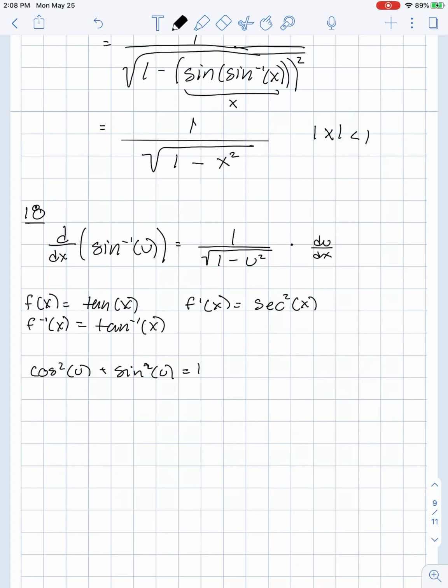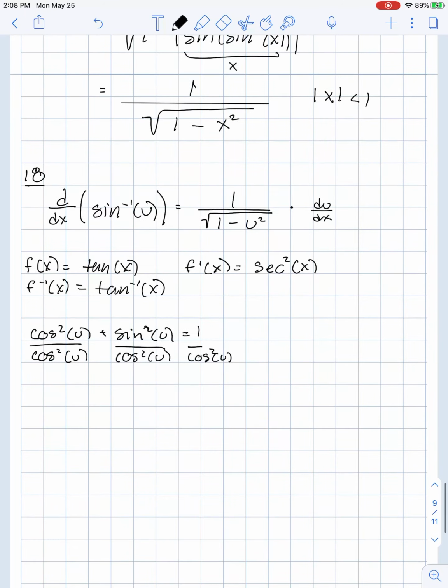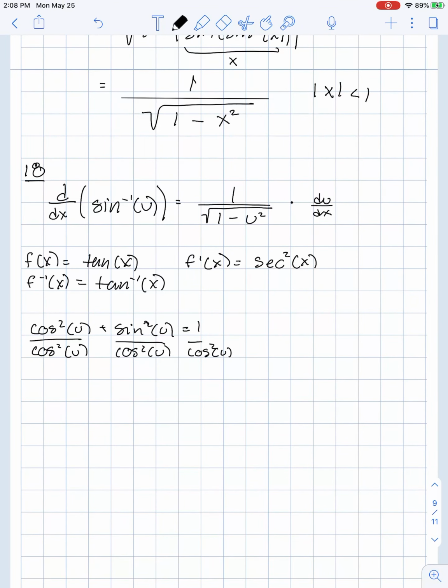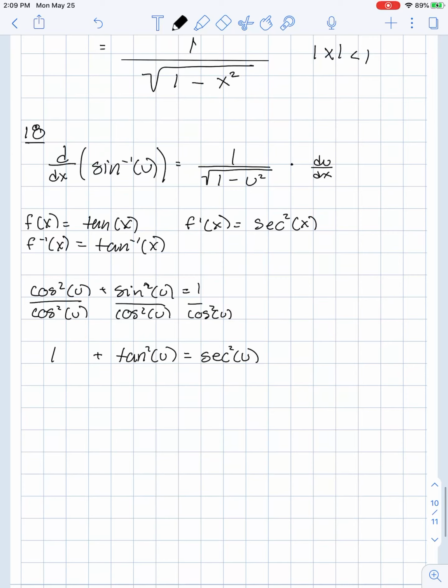So I'm actually going to divide everything by cosine squared of u, because I really want this other identity. So cosine squared of u over cosine squared of u is going to give me 1 plus tangent squared u equal to secant squared u. Alrighty? Remember that, we're going to use it.